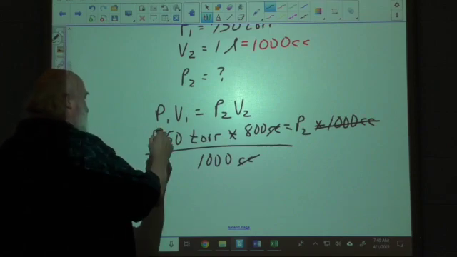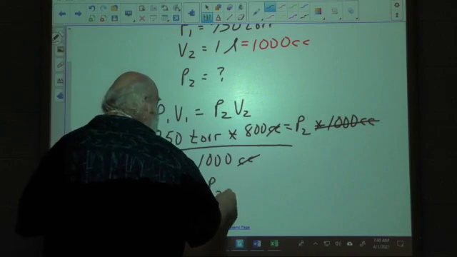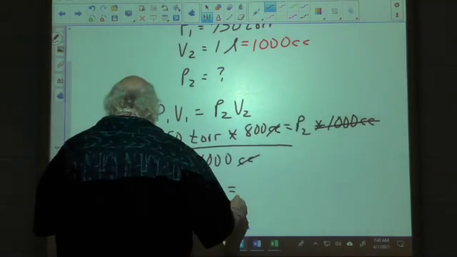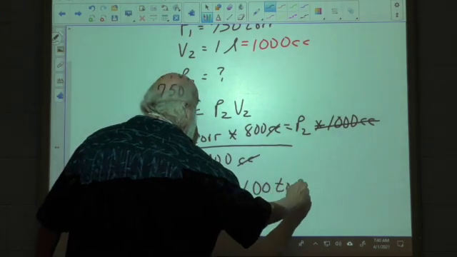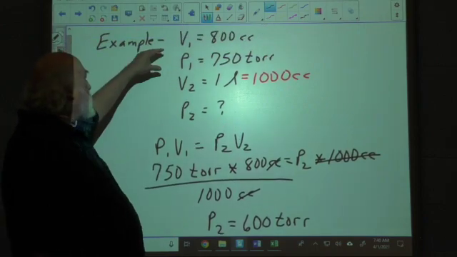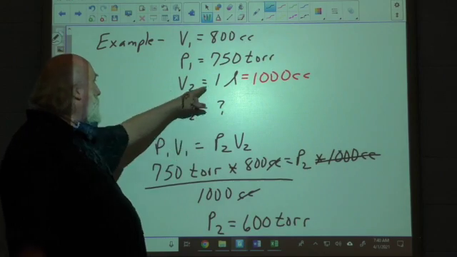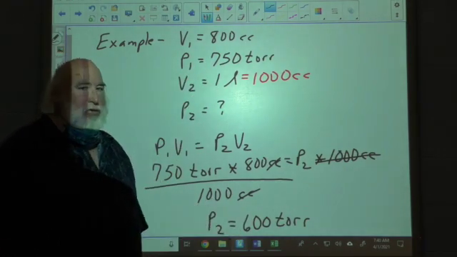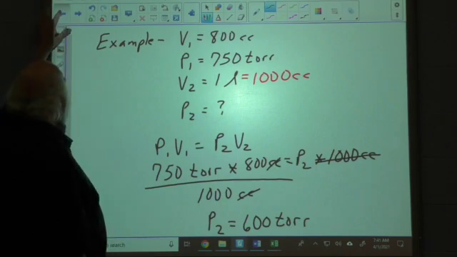And we multiply 750 times 800 divided by 1,000, and our second pressure turns out to be 600 torr. And look, this is what we predicted. If the volume is going to go up, the pressure has to go down, and it dropped from 750 to 600 torr.